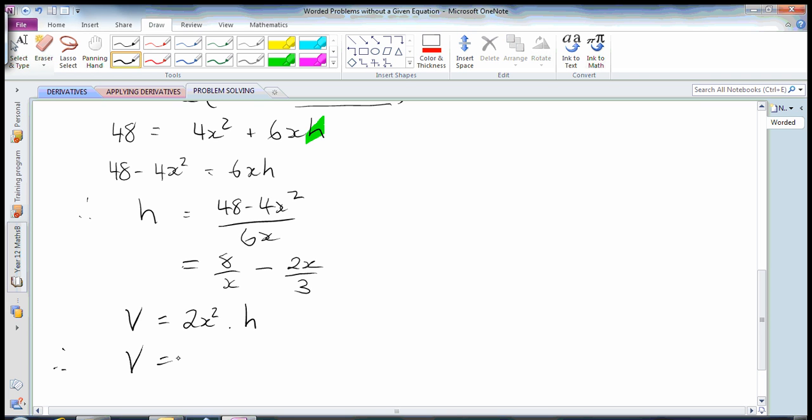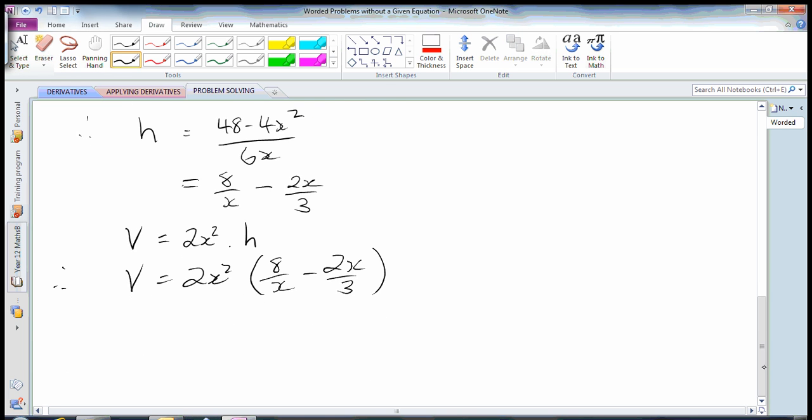So volume is equal to 2x squared, and we're going to multiply it by our new expression. And you can see now that in that expression I've only got one variable. So there is only x involved in the question, which means that I'm now in a position where I will be able to do the derivative.